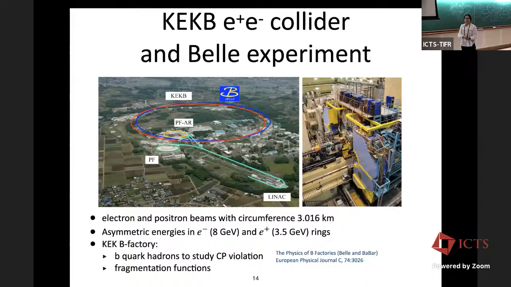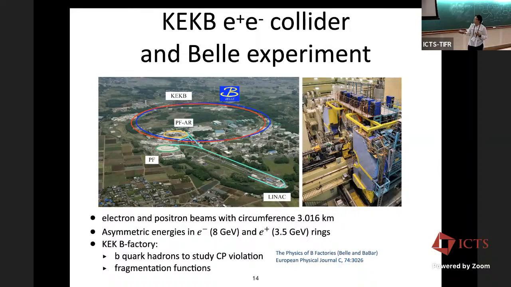Lastly, the e+ e- collider at KEK in Japan. It has electron and positron beams with a little bit different electron and positron energies, so it has asymmetric energy. And why would you want to do this? Think about it. KEK actually had a fixed target type of detector here.